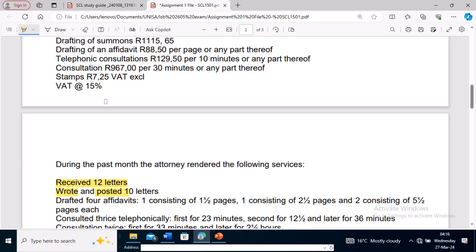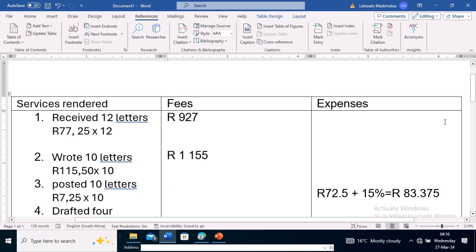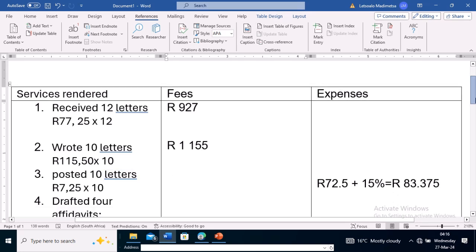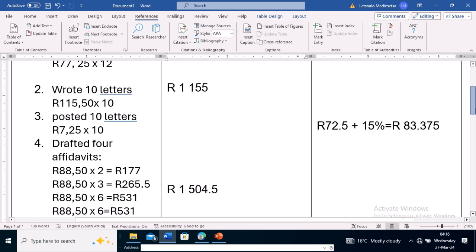This is how I put it in simple terms. Let me show you. 88 rand 50 cent times 2 equals 177. 88 rand 50 cent times 3 is going to be 265 rand 50 cent, and then times 6 is going to be 531, and another times 6 is 531.